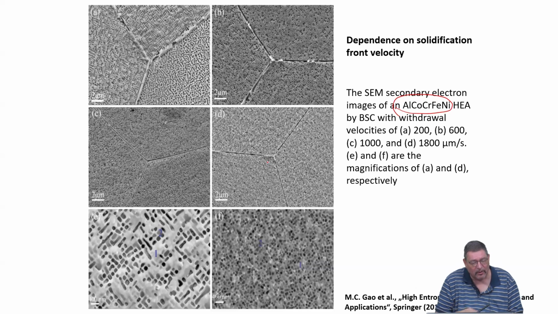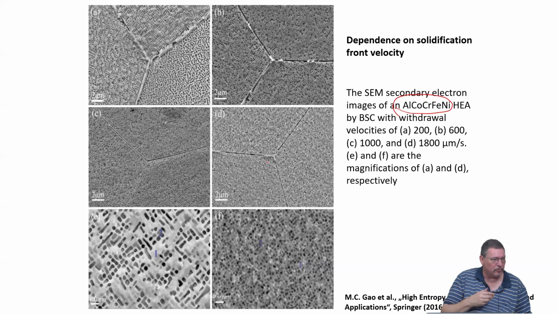It depends really on the alloy what you have to do, because sometimes you want these features here to be larger or smaller, and then you can play with the solidification front velocity in this Bridgman solidification to obtain the microstructure which you would like to have.